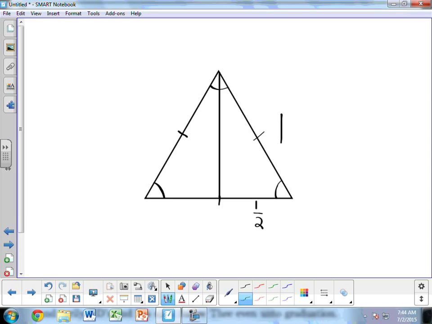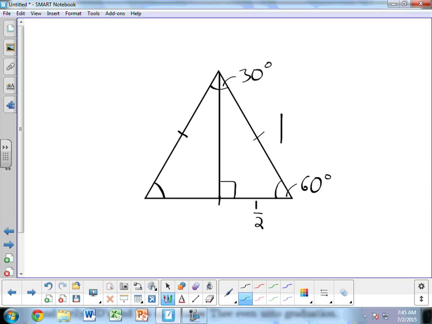Now, I got a little ahead of myself. If this angle is 60 degrees, and this angle up here got split in half, then this angle up here is now 30 degrees. So this is what we will refer to as a 30, 60, 90 triangle. It is a right triangle because one of the angles is 90 degrees.